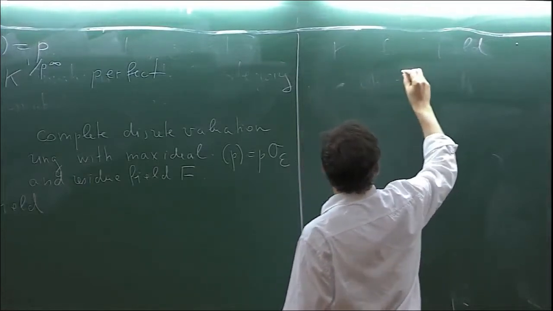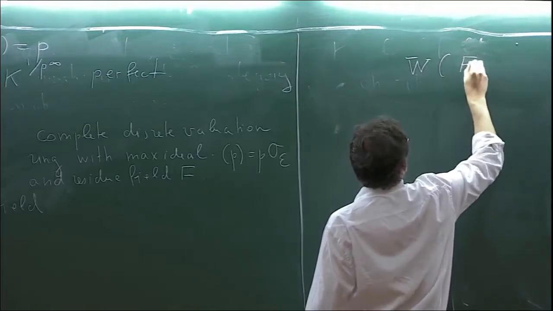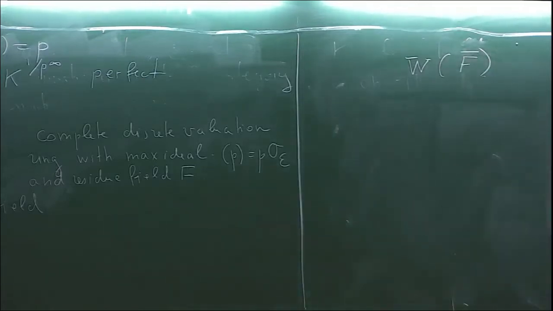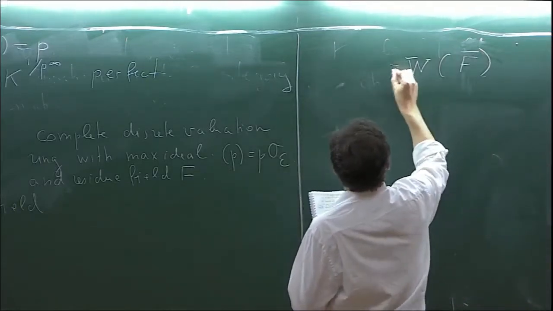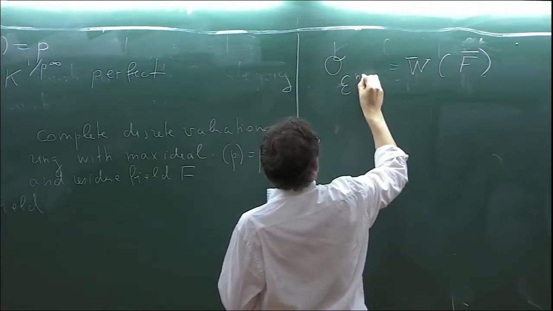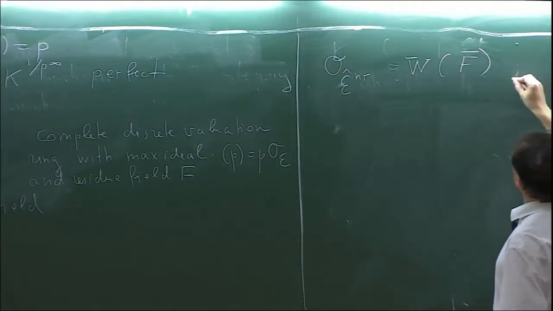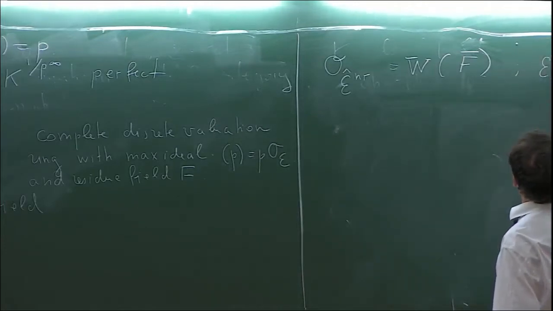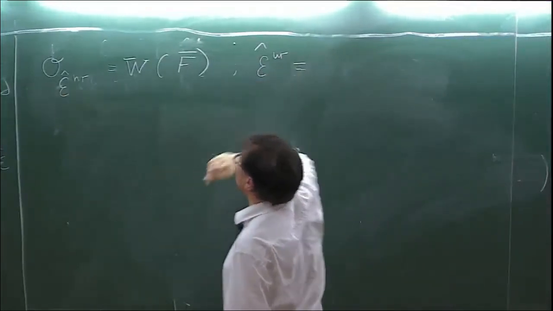Let's also consider Witt vectors with coefficients in the algebraic closure of F. I will denote it by O_E unramified hat, and by E unramified hat the field of fractions of this ring.